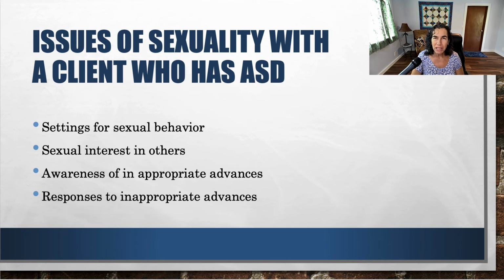So sexual interest may be of issue for a variety of reasons, and we want to be sure that our clients know that their interest or lack of interest is all okay, right? And if they are interested, to be in collaboration with them around that. And if they're not, to really be reassuring that it also is an absolutely fine way of being.